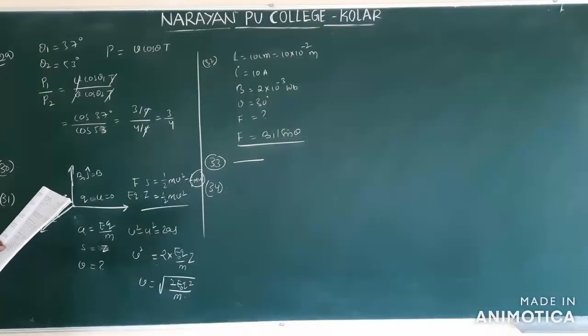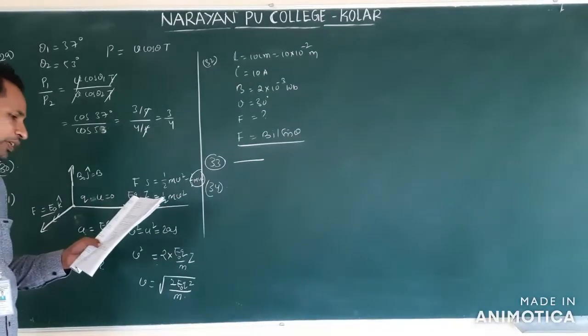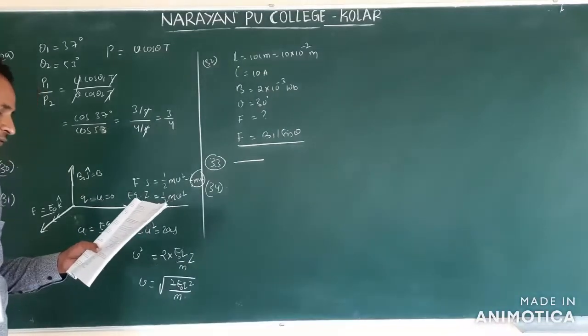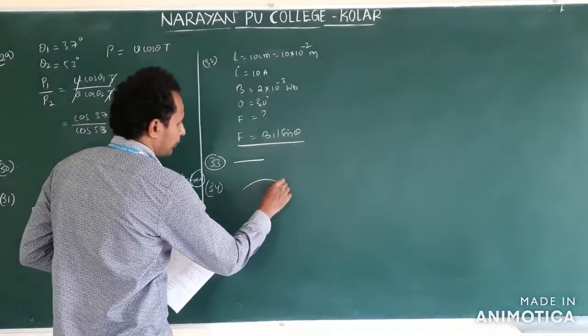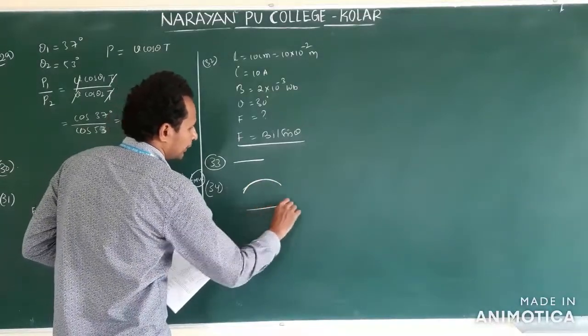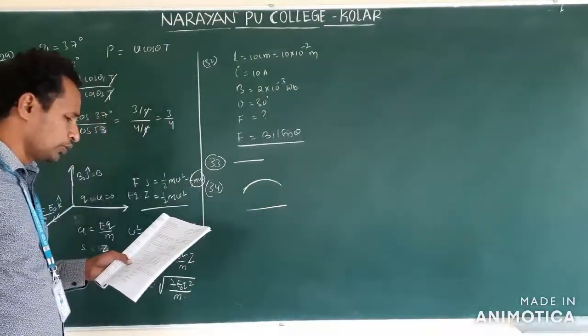Consider two wires, A and B, C and P, carrying the same current I and kept in the uniform magnetic field B. Then they are asking for the force relation. One wire is kept bent like this in a uniform magnetic field, one wire is kept straight.